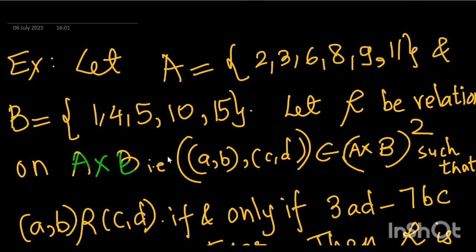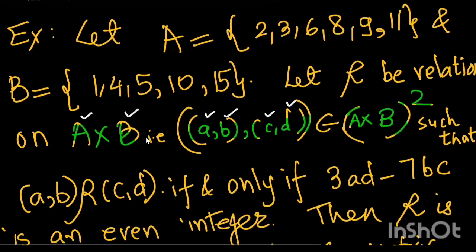A cross B into A cross B will generate elements like this: an ordered pair of two ordered pairs (a, b) and (c, d). Obviously a and c would be elements of set A, and b and d would be elements of set B. That is well understood.